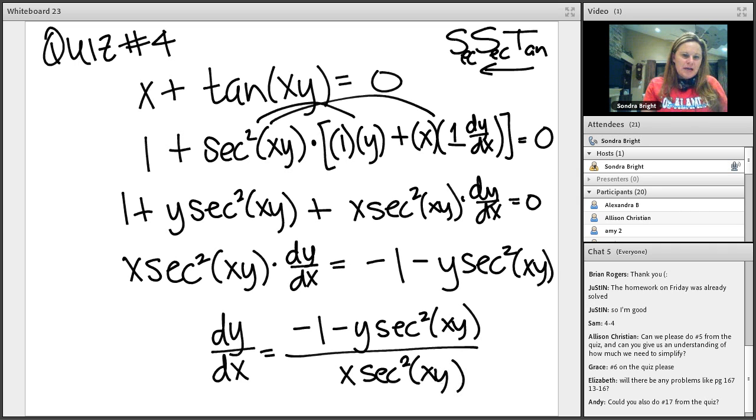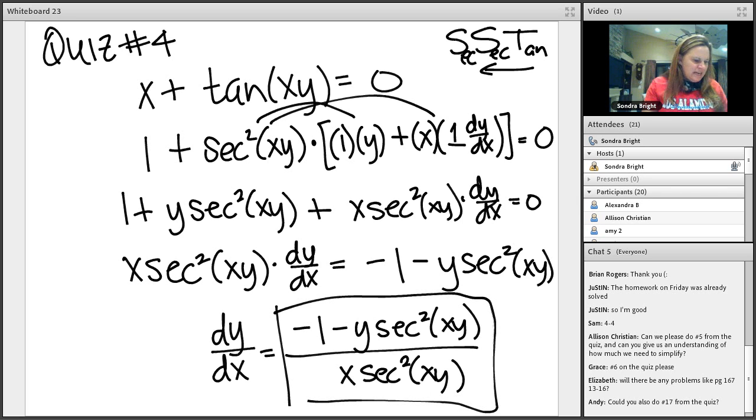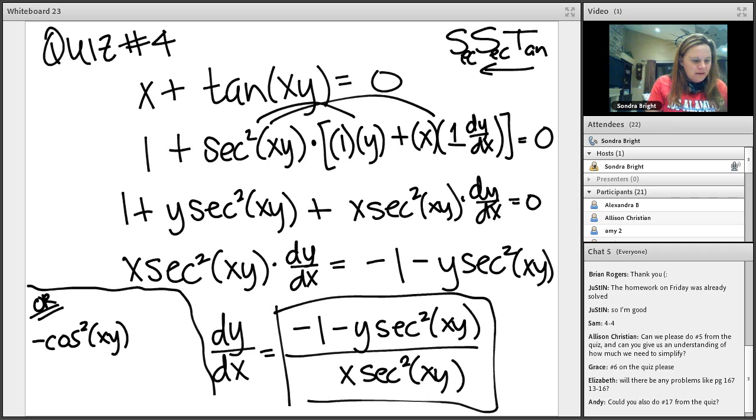That was the answer I gave. There was another correct answer if you did it a different way. I'll just put it over here in the corner. And I don't know right off the top of my head, what did they do? Maybe we wrote secant in terms of cosine right away or something, but this is also a perfectly correct answer. Negative cosine squared of xy minus y all over x.